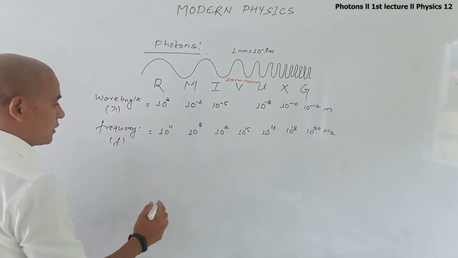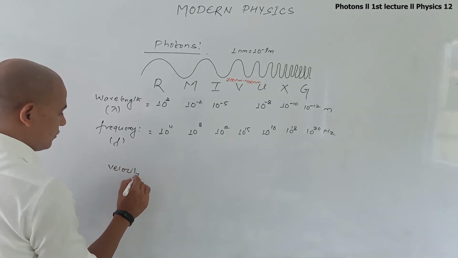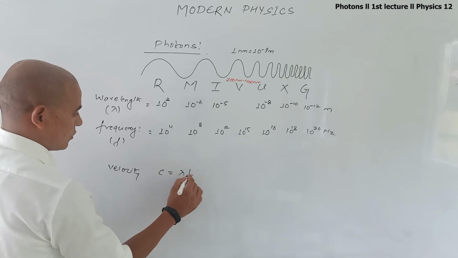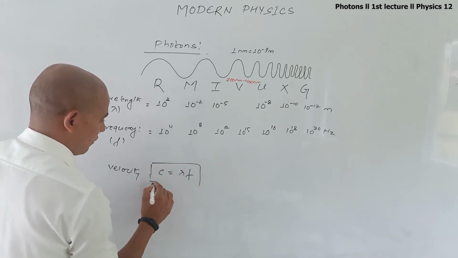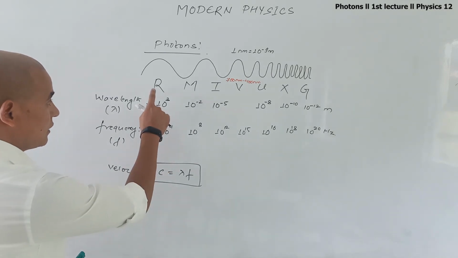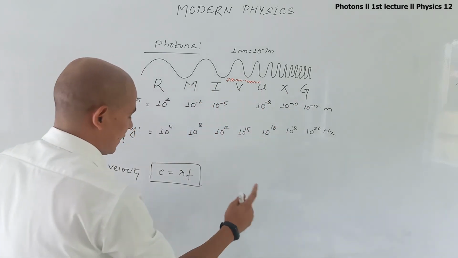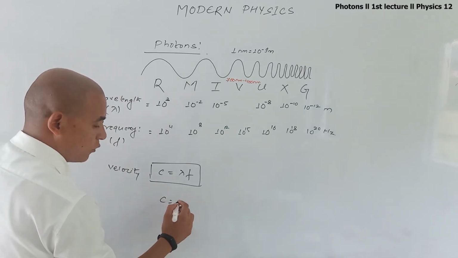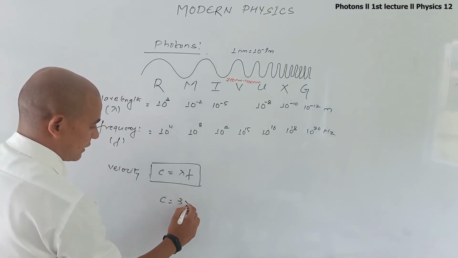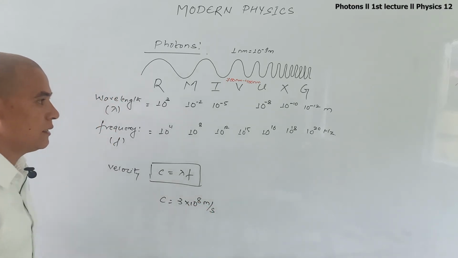Whereas the velocity c equals lambda f. Velocity is constant for all the waves. Radio wave, microwave, infrared, visible ray, ultraviolet ray, X-rays, and gamma rays all move with the velocity of light, around 3 into 10 to the power 8 meter per second.